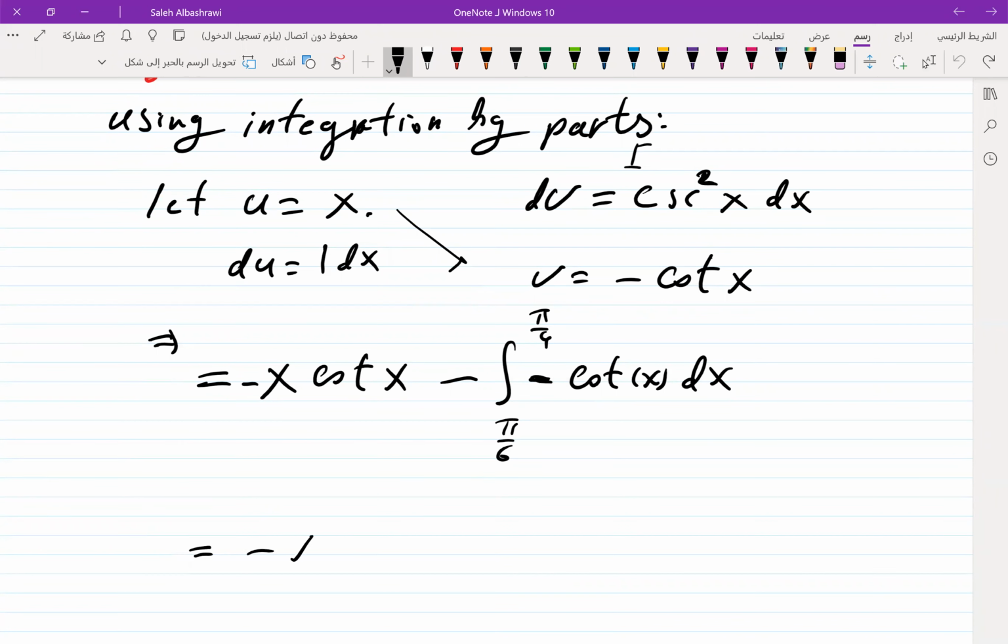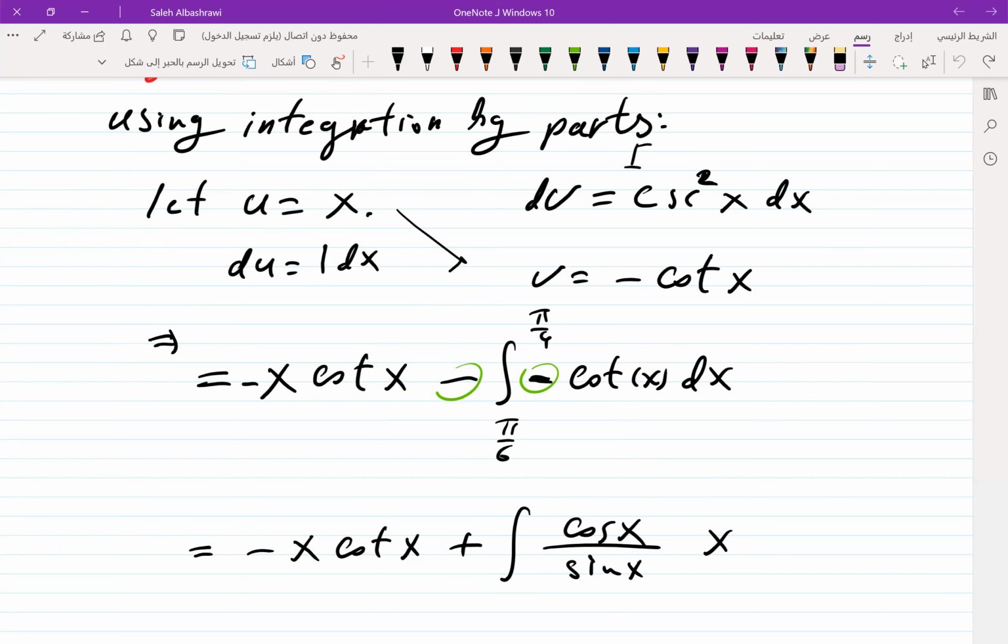This is equal to minus x cotangent of x plus, minus with minus is a plus, the integration of cotangent, which can be written as cosine x over sine x dx. This one can be integrated by substitution.